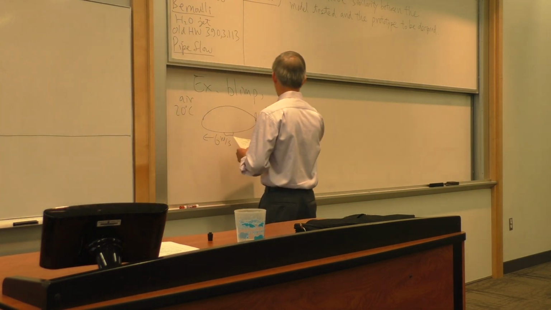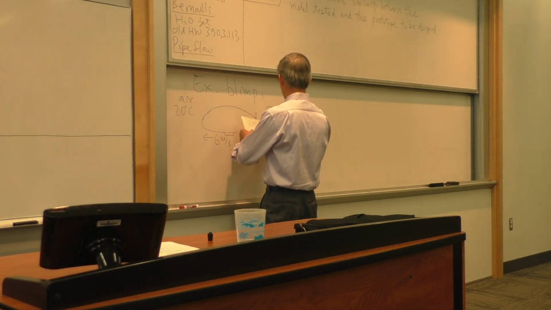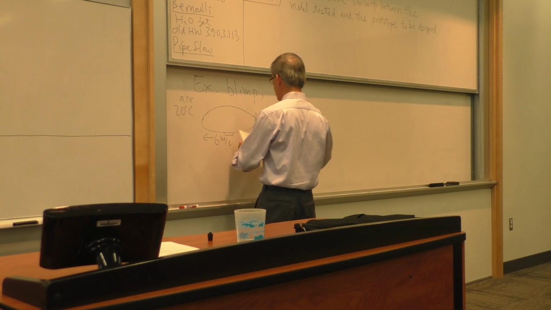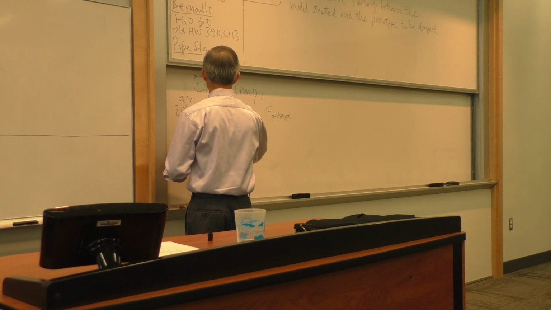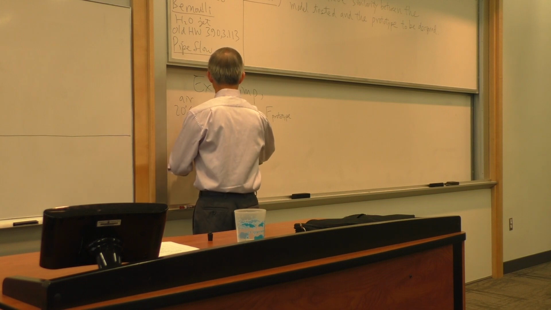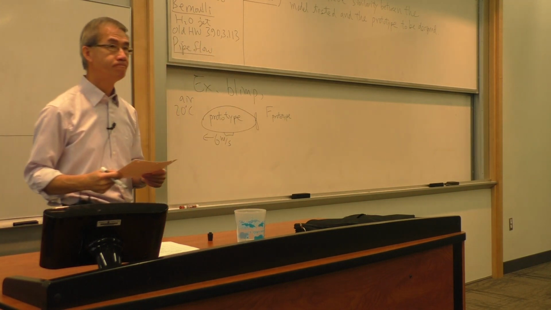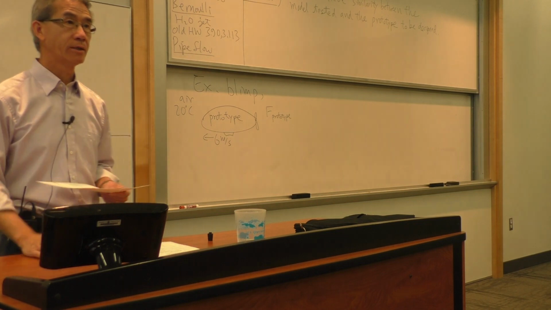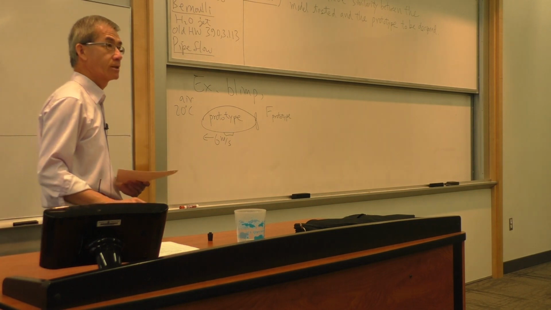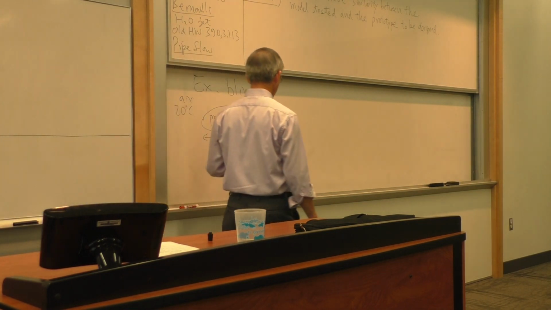I want to find, for this what I call prototype, that's the actual machine, the full size one, I simply want to know at that speed of 6 meters per second in air, what's the drag?